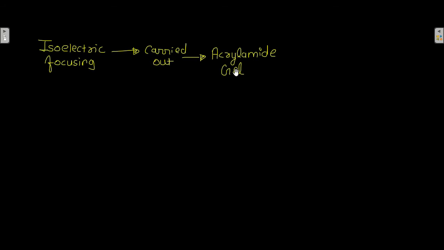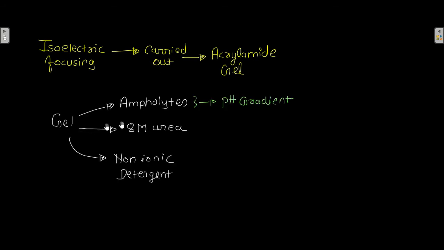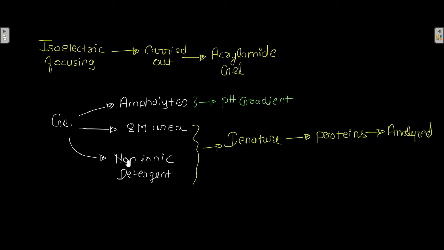This gel contains ampholytes, which form the pH gradient, 8 molar urea and a non-ionic detergent. The 8 molar urea and non-ionic detergent denature the proteins and maintain the solubility of the proteins that are to be analyzed.